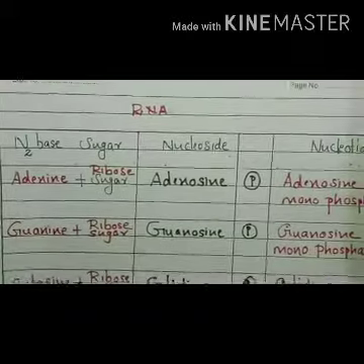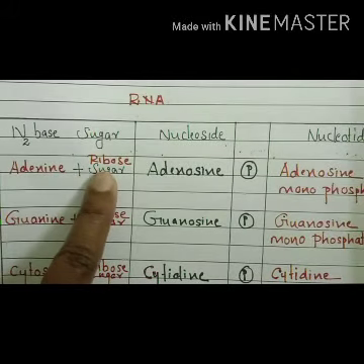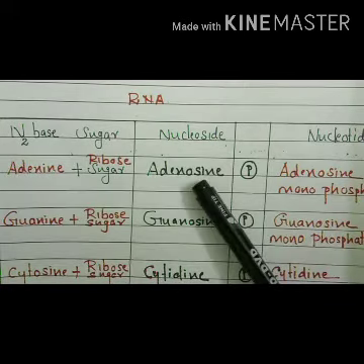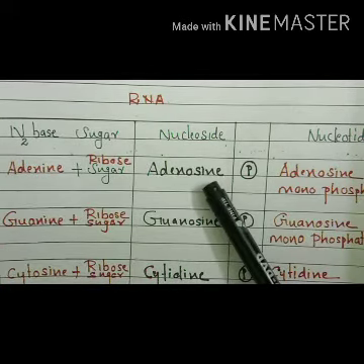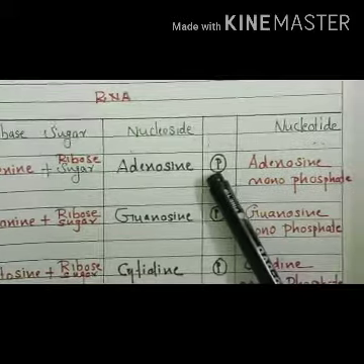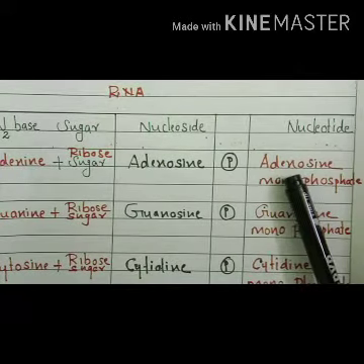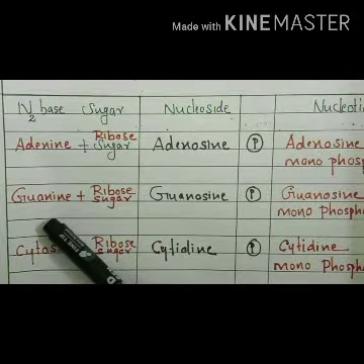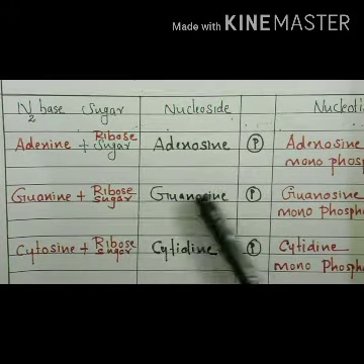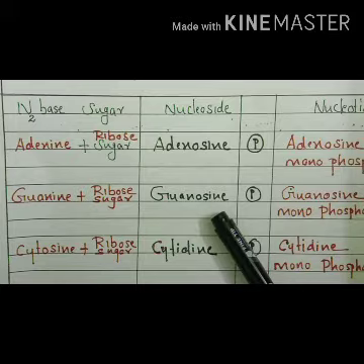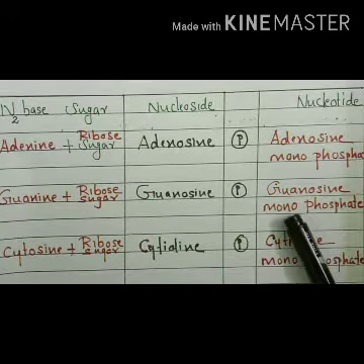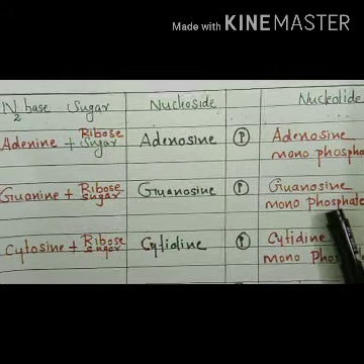When adenine combines with the ribose sugar, the nucleoside's name is adenosine. When it combines with the phosphate, the nucleotide is adenosine monophosphate. Likewise, when guanine combines with the ribose sugar, the nucleoside is guanosine. When it combines with the phosphate, guanosine monophosphate forms.